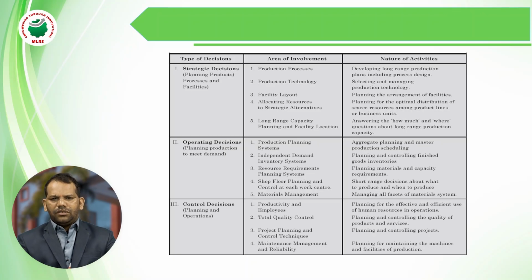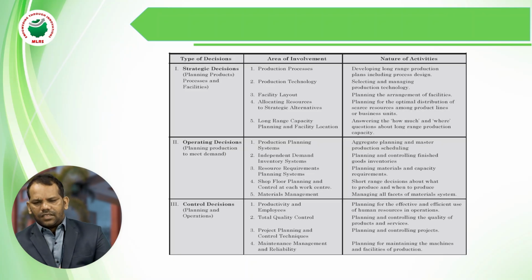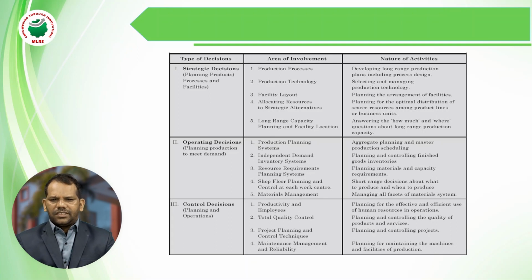Then only we can invest at present. Otherwise, we are not able to plan any kind of production schedule in the markets. Without knowing the production cost and revenue, we are not able to plan production activity in the business firms.